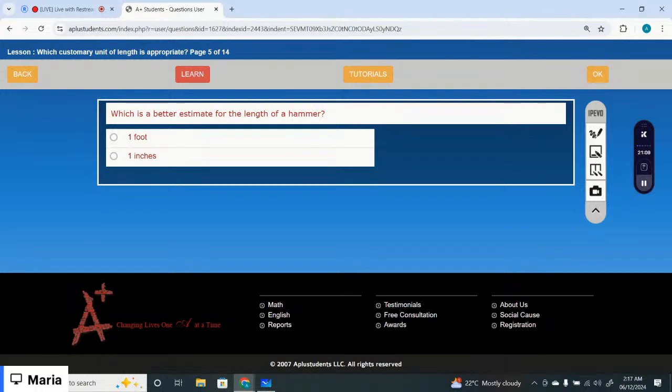Which is the correct option? The length of the hammer must be 1 foot. 1 inch is too small.